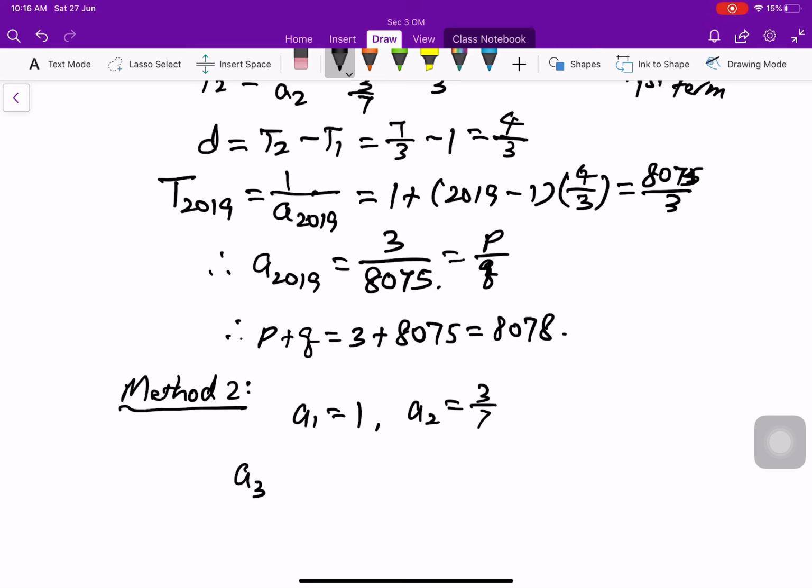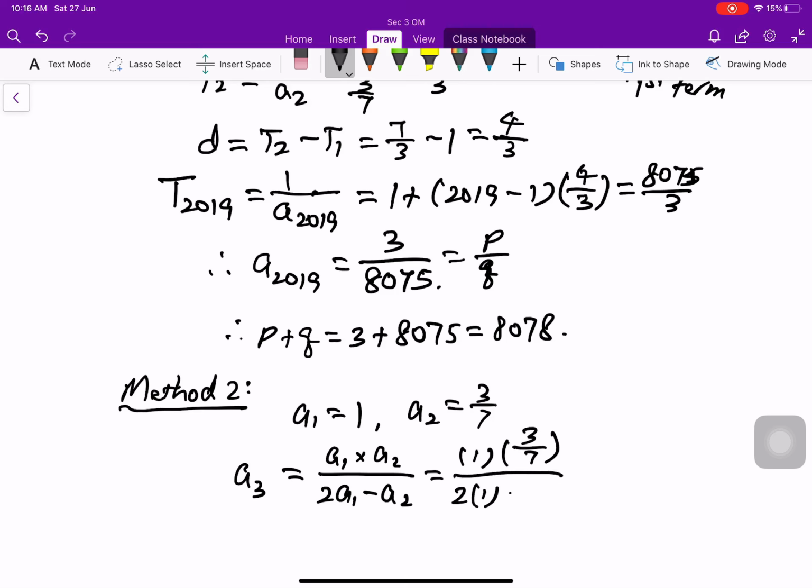A3 is equal to A1 multiplied by A2 divided by 2A1 minus A2. Therefore, this would be 1 multiplied by 3 over 7 divided by 2 times 1 minus 3 over 7. Simplify: you get 3 over 7 divided by 14 minus 3 over 7. Therefore, what you get is 3 over 11.